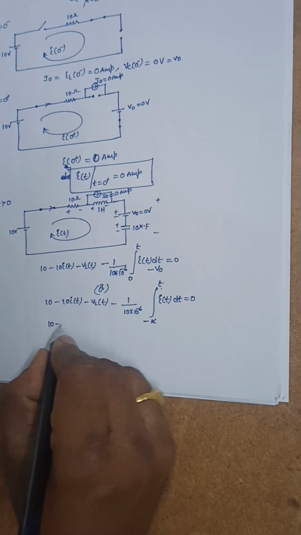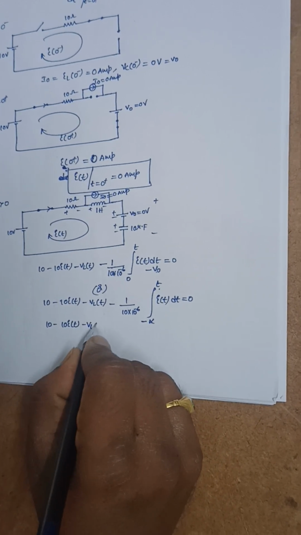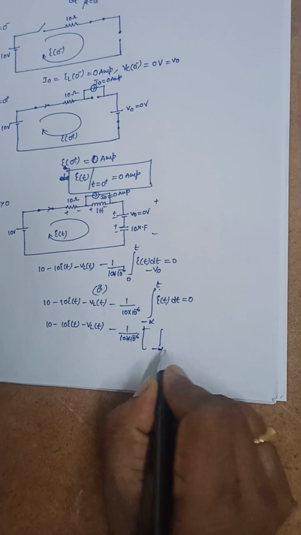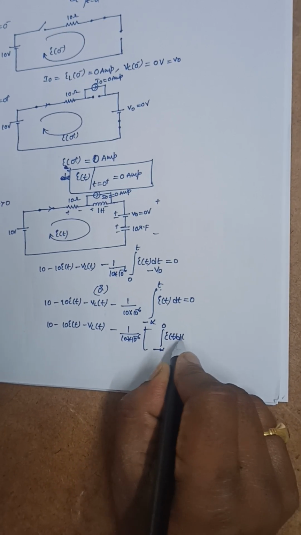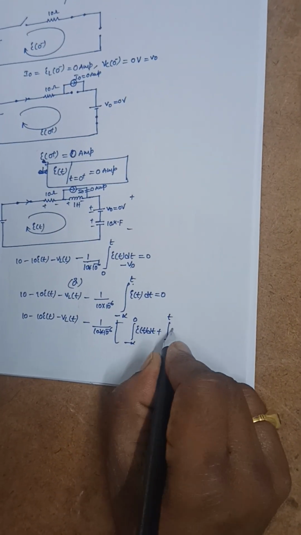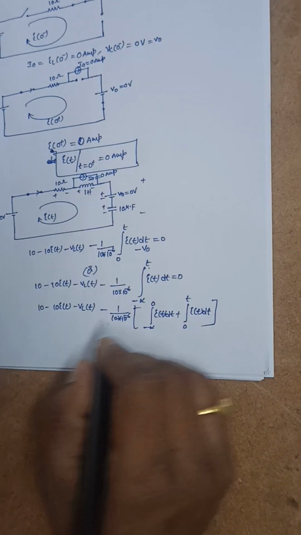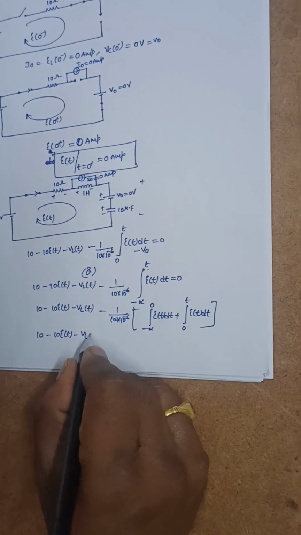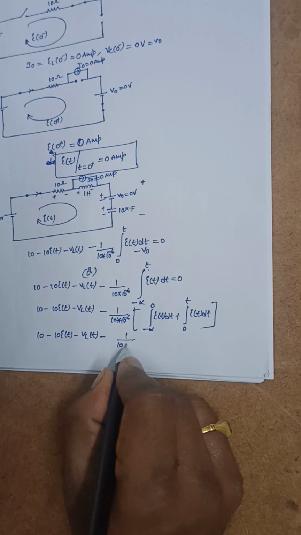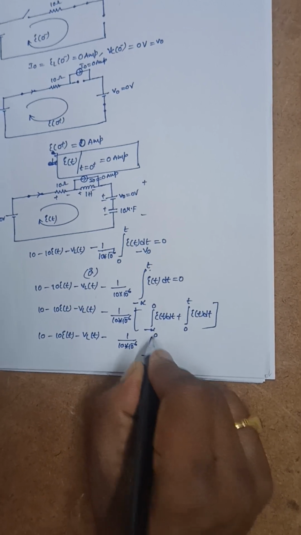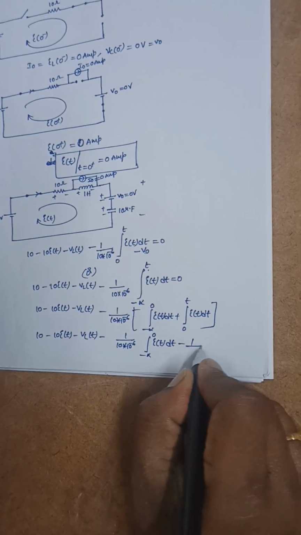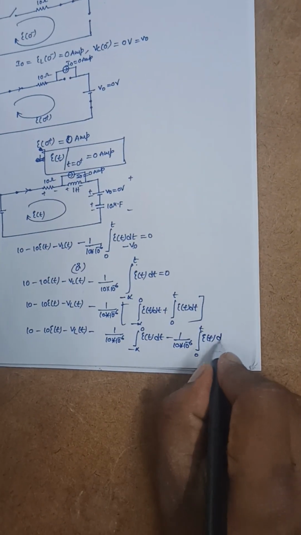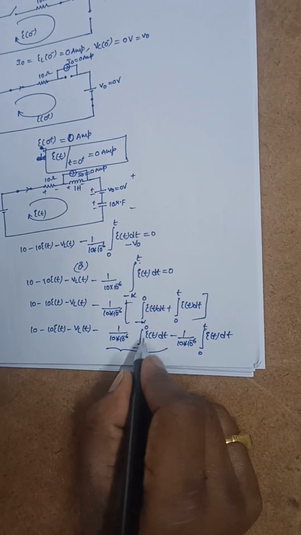The same I can write like this: 10 minus 10 into I of t minus VL of t minus 1 by 10 into 10 power minus 6 times the integral minus infinity to 0 of I of t dt plus the integral 0 to t of I of t dt, and this value is minus infinity to 0.